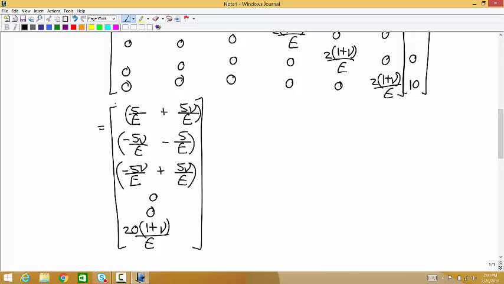Okay? And so to sketch this, all we need to know is this one's positive, this one's negative, this one's 0, and then 2 more zeros, and then this one's positive.